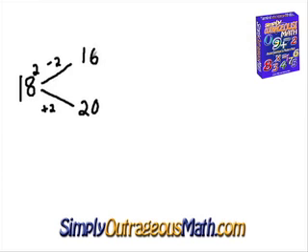Once again, we're going to find the next closest tens, so that is 20, and we add 2 here, so we have to subtract 2 here, and that would take us to 16. 16 times 20, or think of 16 times 2 is 32, and then add our 0, and then we're going to square 2.